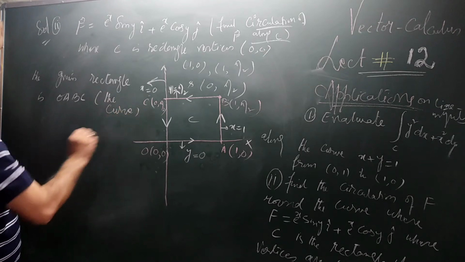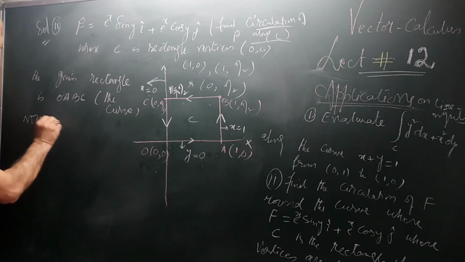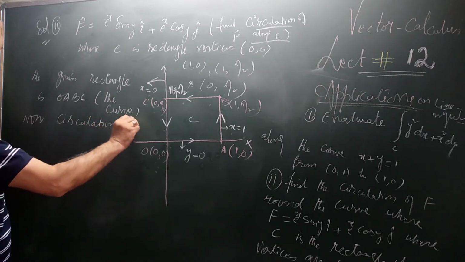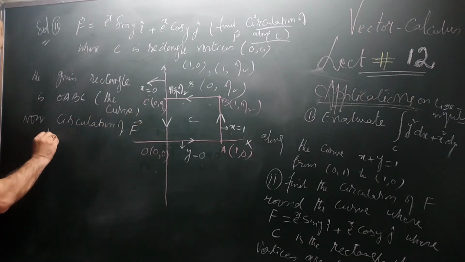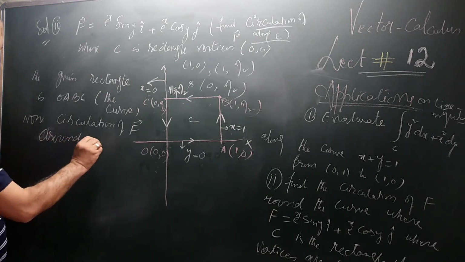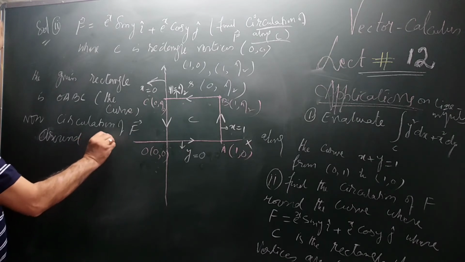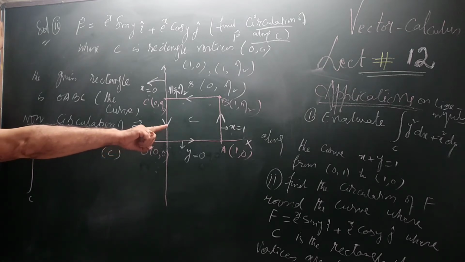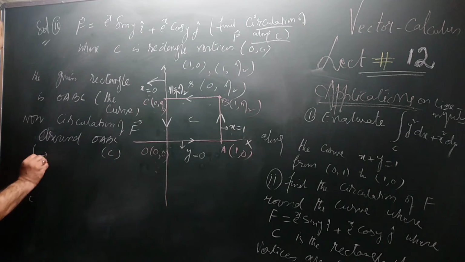Now, what is the circulation of F around OABC, that is, around the curve C? It is the line integral around the curve C of F dot dr.